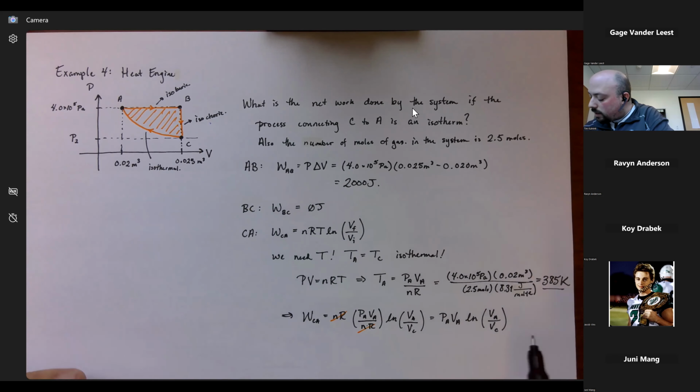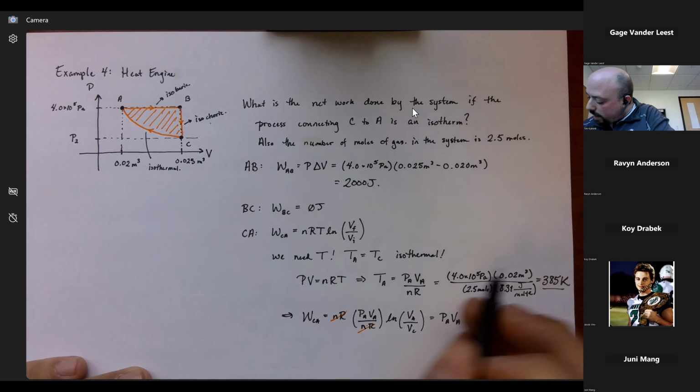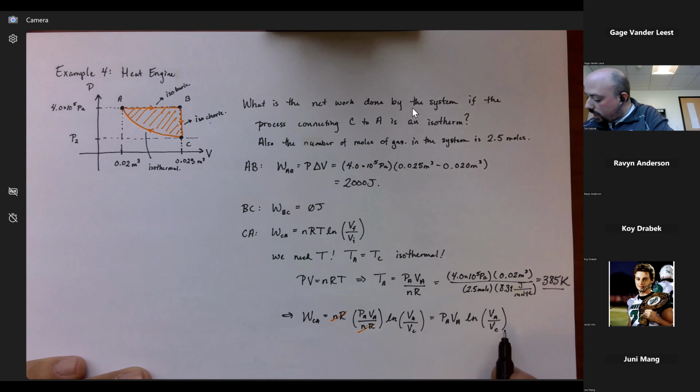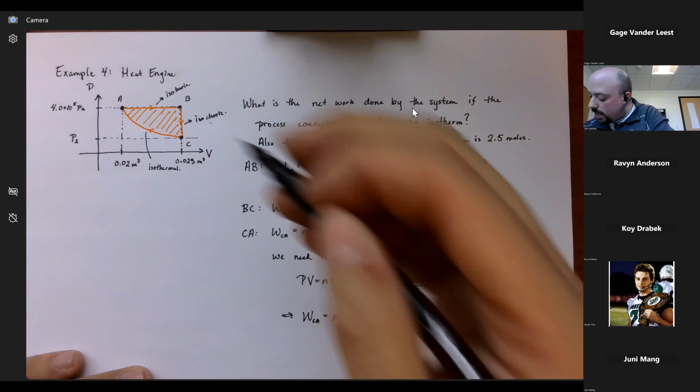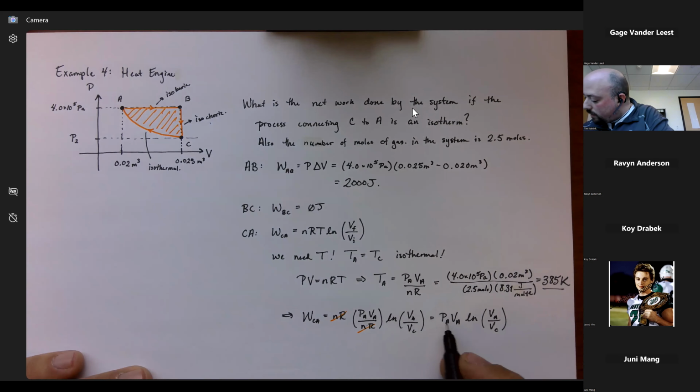We can determine that as well. All right, but continuing back with the work that we're trying to calculate from the process of C to A, we determined that we can reduce this equation, at least for this instance, in this fashion.